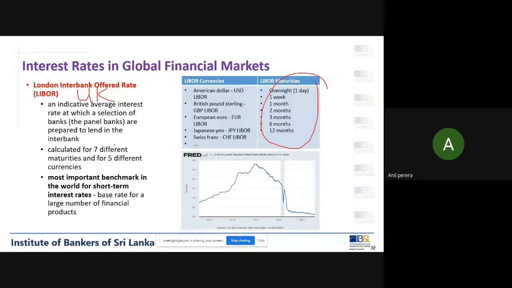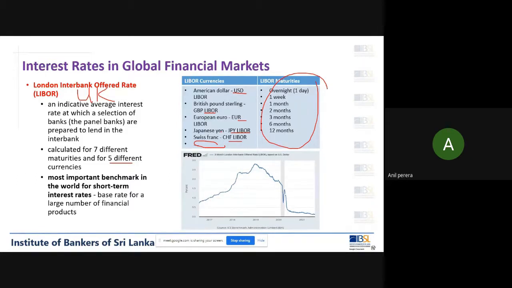And they also calculate it for 5 different currencies. So there is USD LIBOR, GBP LIBOR, Euro LIBOR, Japanese yen LIBOR, Swiss franc LIBOR, and this can be extended to any other currency, based on the major currencies in the world. LIBOR is considered the most important benchmark short-term interest rate.